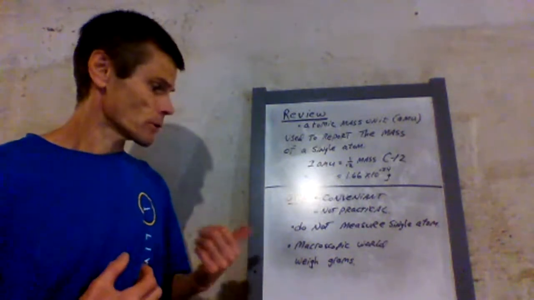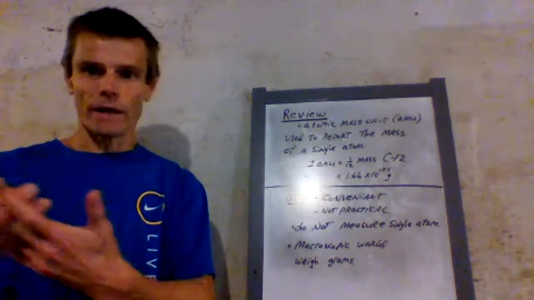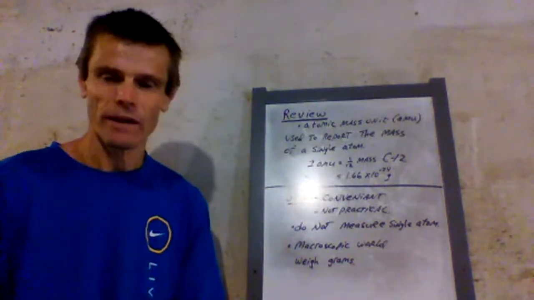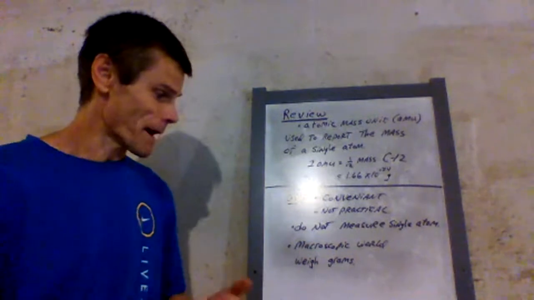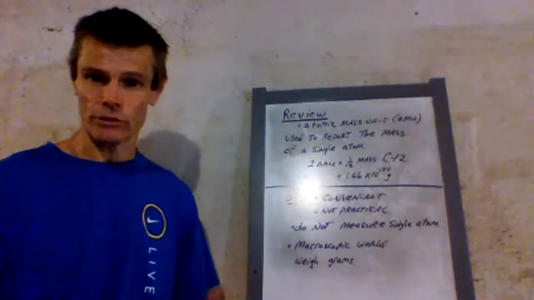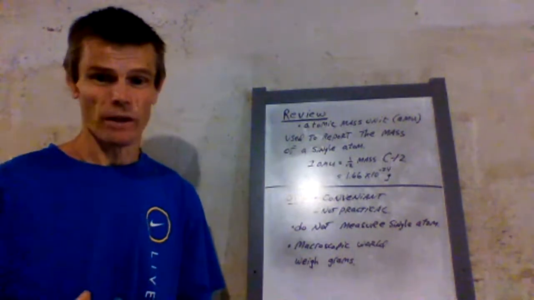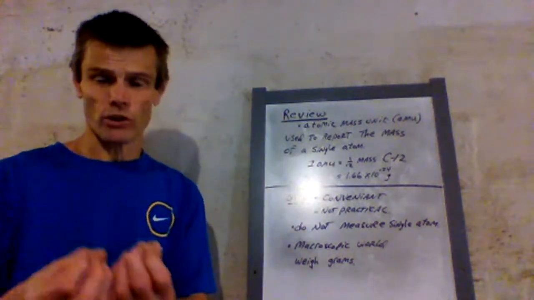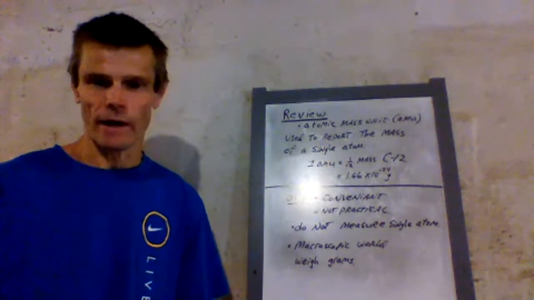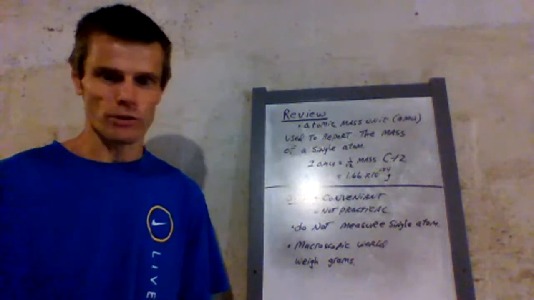We measure in the macroscopic world particles that we have large amounts of, and we usually weigh these out in masses of grams, kilograms, milligrams, and so forth. In other words, when we go into the laboratory, we don't have some way of measuring single atoms. We can't do that in any of the larger universities. We can't measure single atoms.